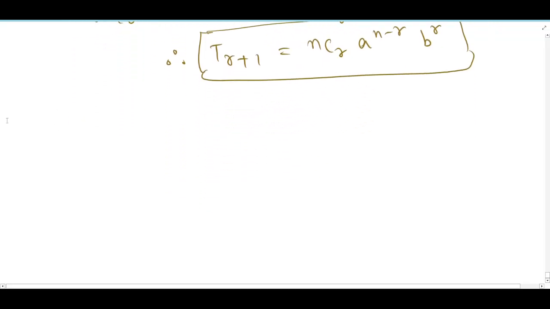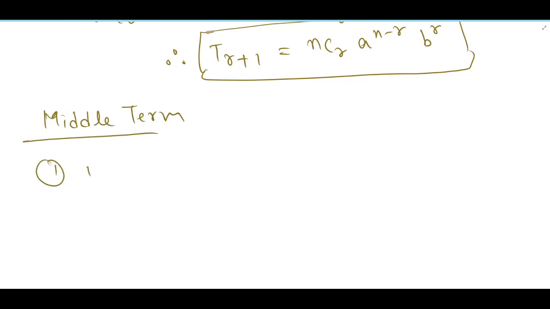Next is, what is middle term? First, if n is even, then n plus 1 will be odd.